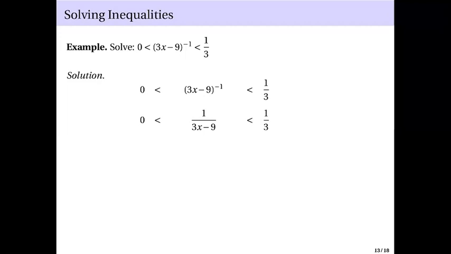I am using this property: a greater than 0 if and only if 1 over a greater than 0. So that's what we're going to do. We multiply all sides by 3x minus 9.